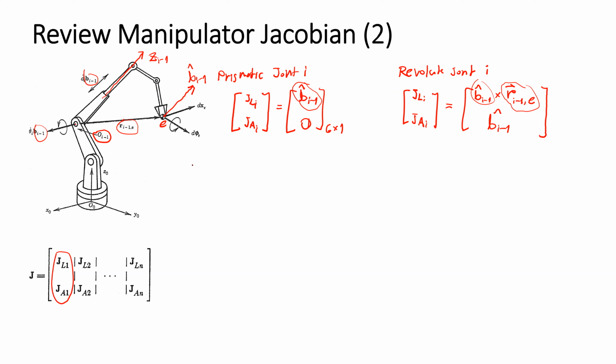In order to obtain the unit vector z i-1, which may be revolute, may be prismatic, the idea is to use the rotational matrix that relates frame 1 to frame 0.